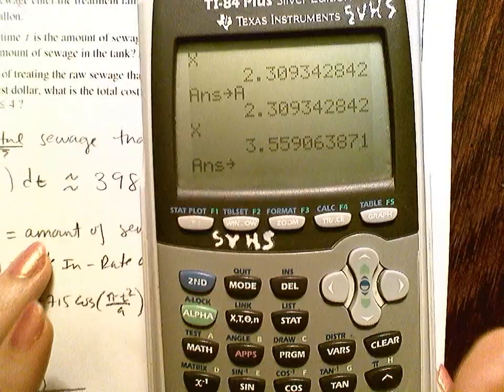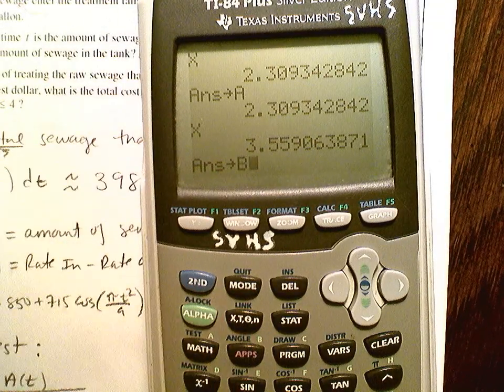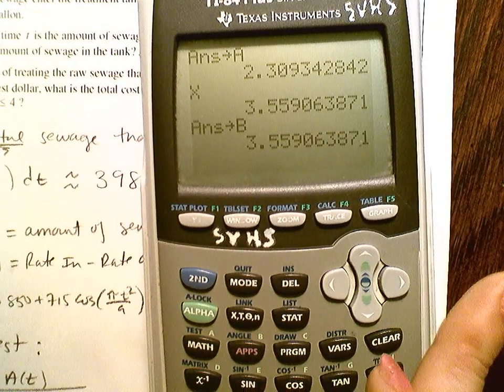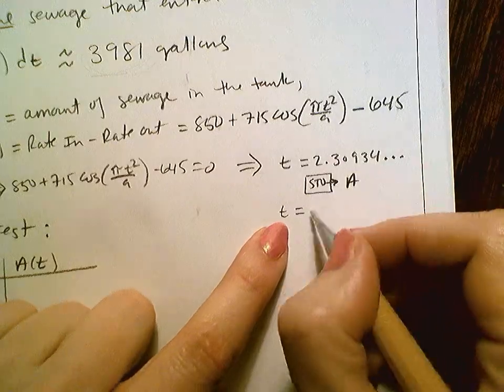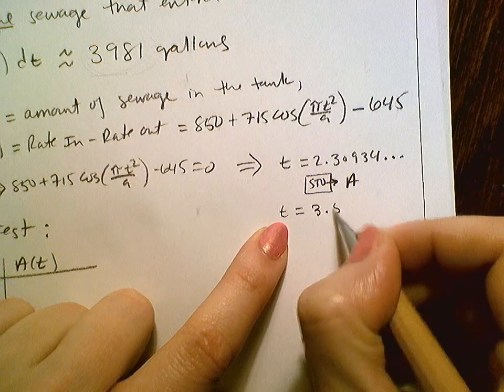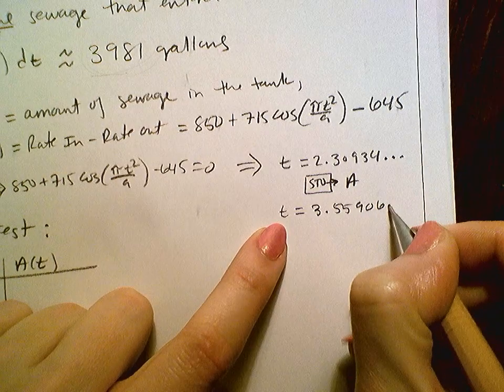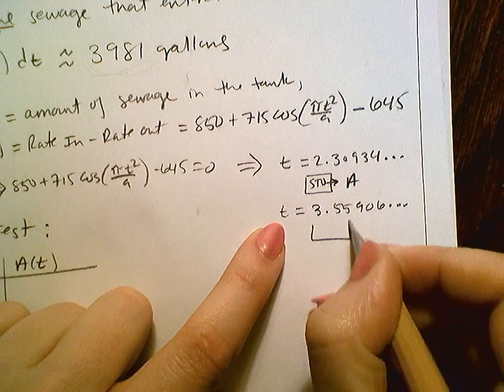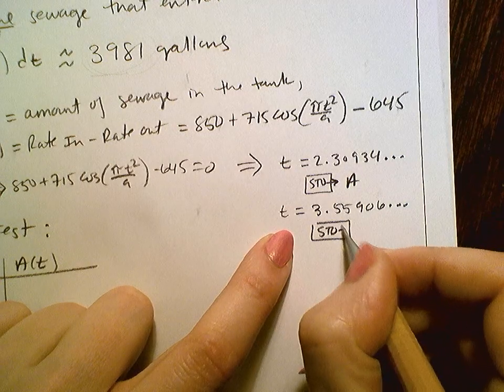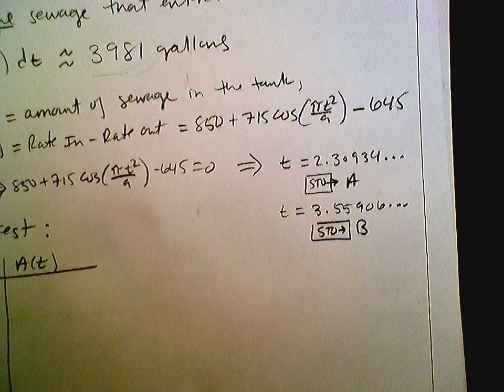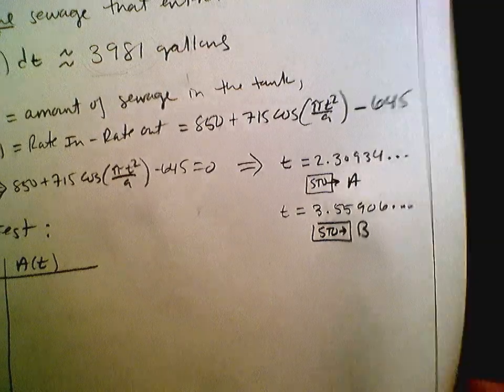So we'll store this as B. So store B. Okay. So then here we have T equals 3.55906... And I'll store that as B.